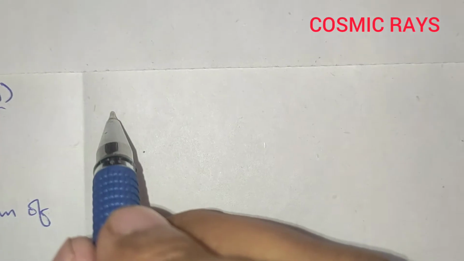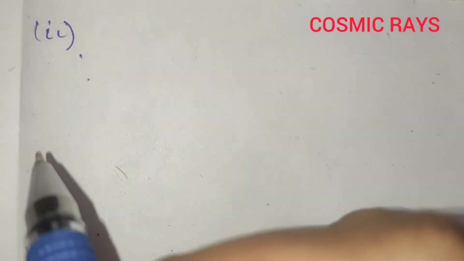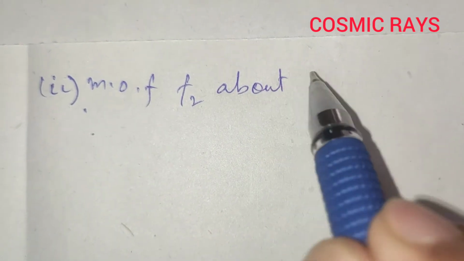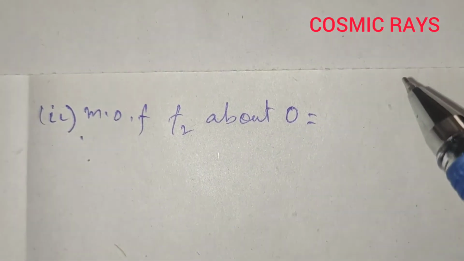Now the second part of the question says that we have to find the moment of force F2 about O. So for this, moment of force F2 about O is again force into the distance.